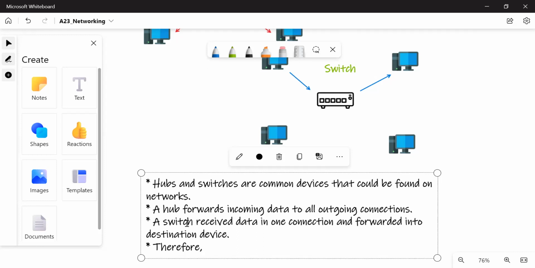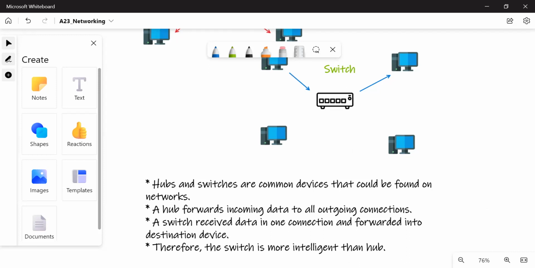Therefore, we can say the switch is more intelligent than a hub. Okay. So interestingly, now we know the difference between the hubs and switches. They are network devices. What a hub does, whatever is incoming, it will send to all the other computers in the network, whereas a switch is intelligent, it sends it to whoever is expecting to receive it.